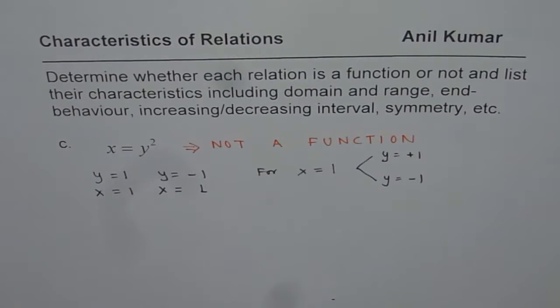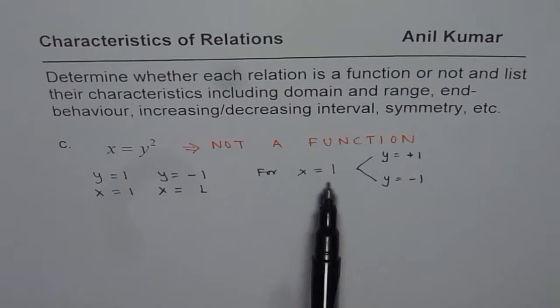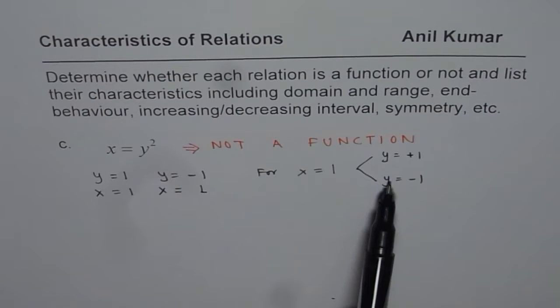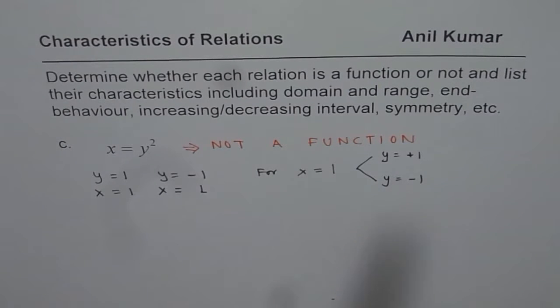You agree with me, right? Since we could find a point where x is associated with more than one y, the relation is not a function, period. That is how you can show whether the given equation is a function or not.